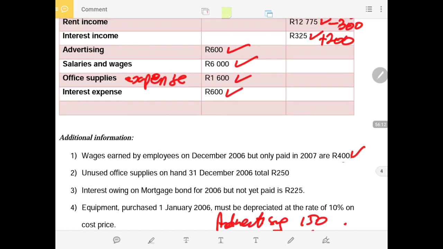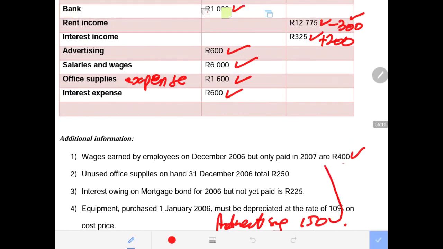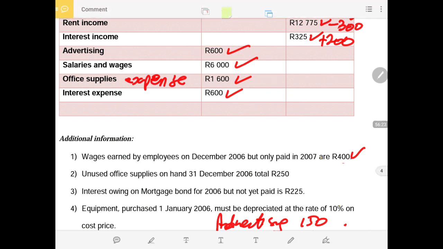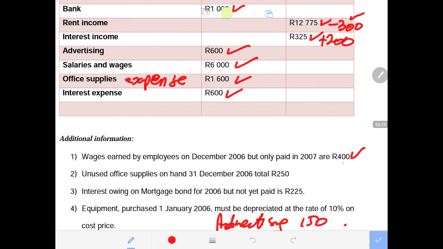So the 150 was recorded and is included in the 600 of advertising in the trial balance, unless they said it was not recorded. If they don't say that, it means it was recorded correctly and transferred into the trial balance.